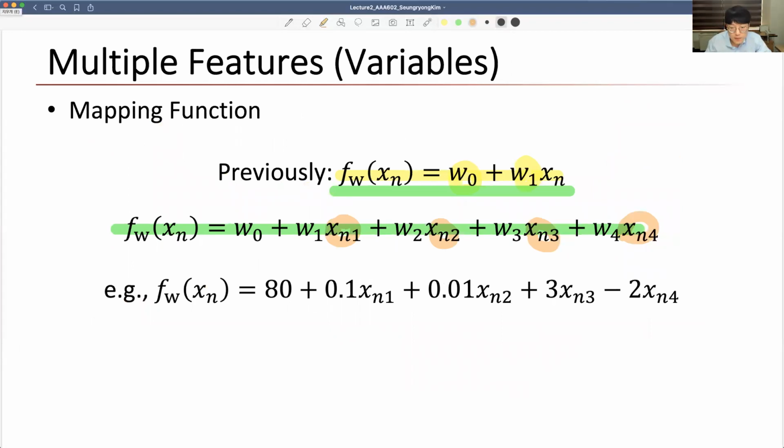So now we can use this multivariable mapping function. For example, our mapping function will look like this. The number of parameters that we have to optimize would be much higher than in the previous example. In the previous example, the number of parameters was 2, right? But in this case, the number of learnable parameters is 5, right?